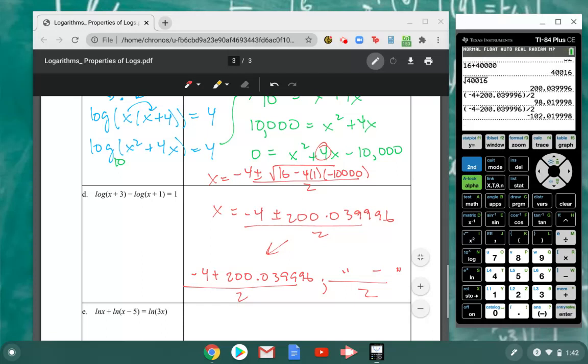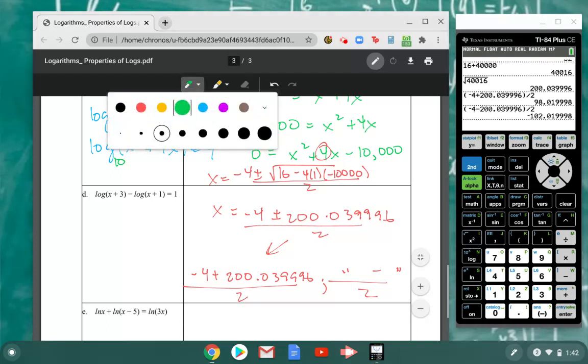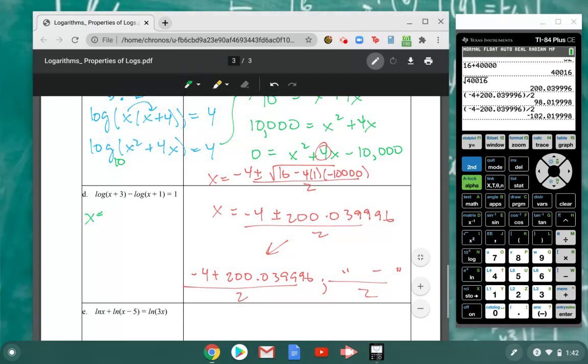So I've got my two answers. I'm going to go ahead and put them over here. So x is equal to 98.019998, or negative 102.019998. If we were to put the negative in, we would see that it was actually undefined. So logarithms cannot use negative inputs.